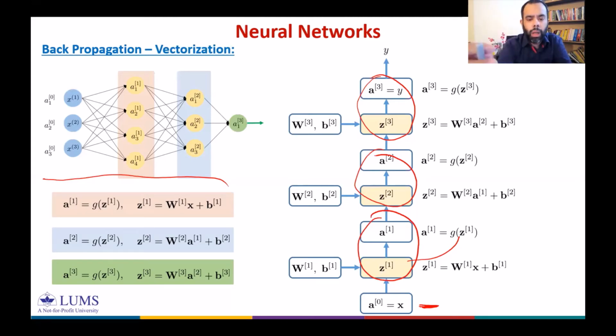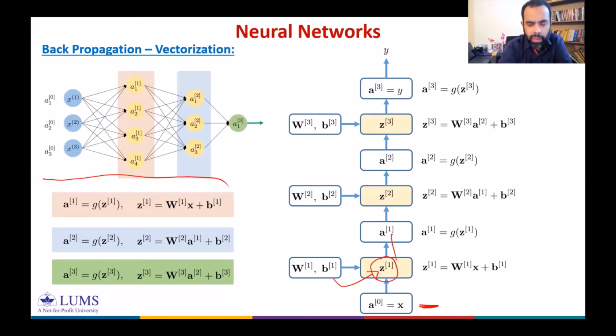If you see, where is the contribution of weights and biases? Weights and bias contribute towards the pre-activation output. And once you have the pre-activation output, you simply pass it through an activation function G to obtain the activation output.